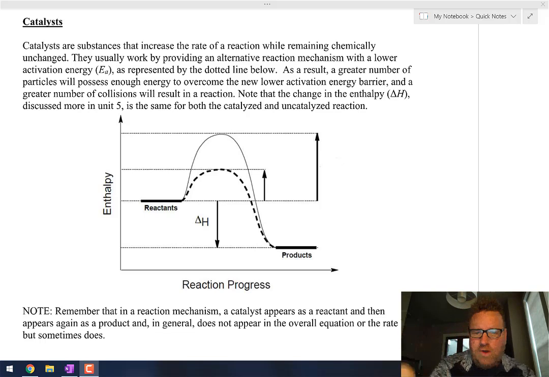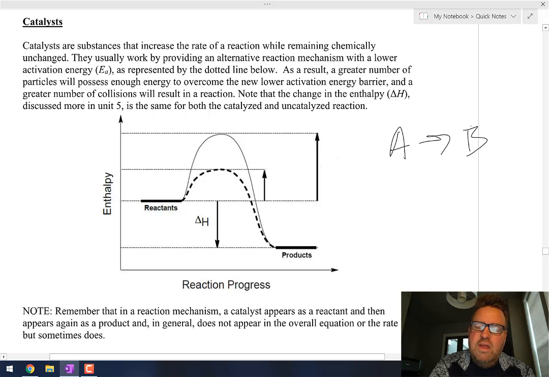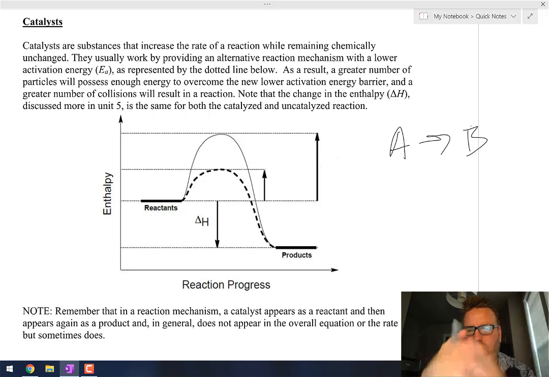Okay, now, for example, let's say we have a reaction where you have A making B. And that's just one step, that is the overall reaction, but it's also the reaction mechanism as well. It's a rearrangement reaction.